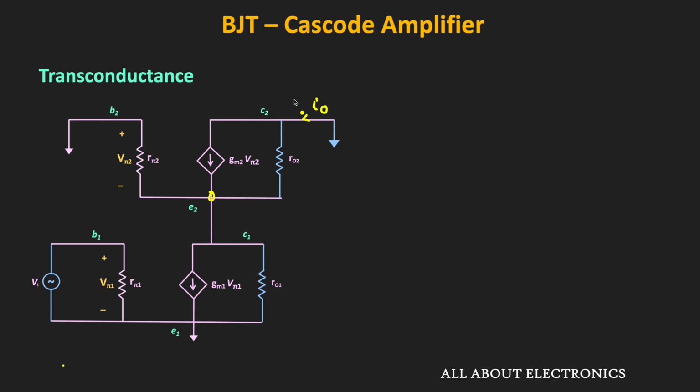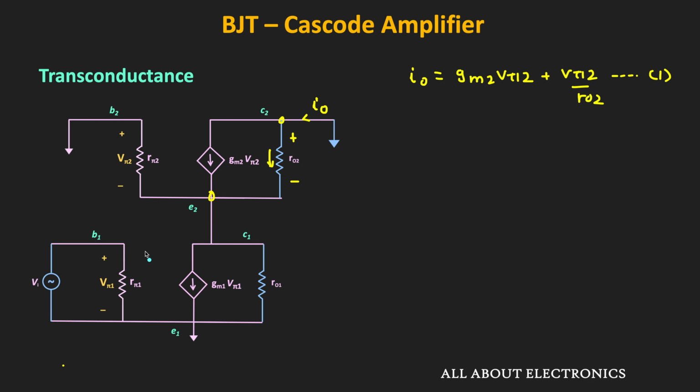So if we apply the KCL at this node, then we can say that this I0 is equal to Gm2 times Vpi2 plus Vpi2 divided by R02, because the voltage across this resistor is equal to Vpi2. That means this current will be equal to Vpi2 divided by R02. Let's say this is equation number 1.